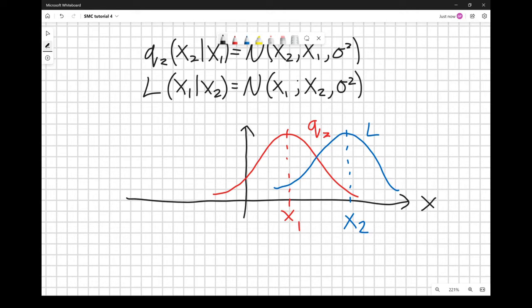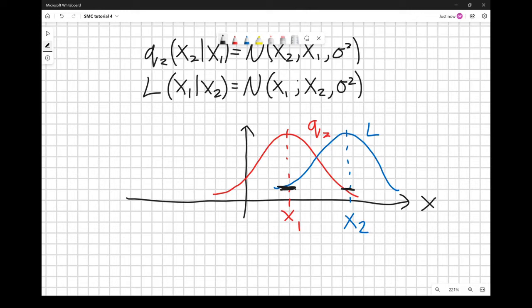Now note that if we look at the proposal, that's Q2, the probability of x2 conditional on x1 is going to be given by basically the value of the red line at this point. Likewise, if we look at the L-kernel, the probability of x1, if it's centered on x2, is going to be given by the height of the line here, which, if I draw them properly, is equal.